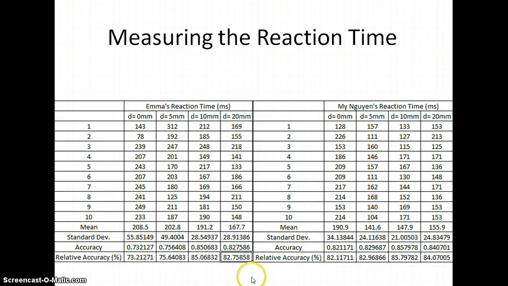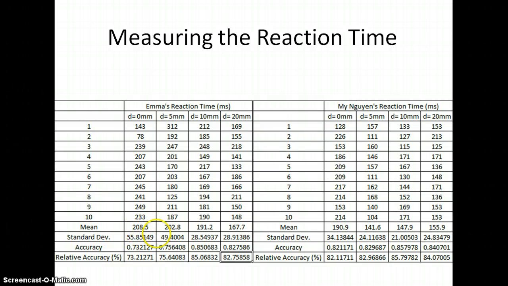So these are my results. My data for 5 different subjects. The first one is Emma, and this is Emma's reaction time when I use the D equals 0 millimeter strip, and her average reaction time is actually 808.5 milliseconds.